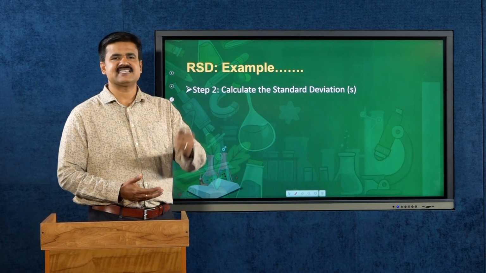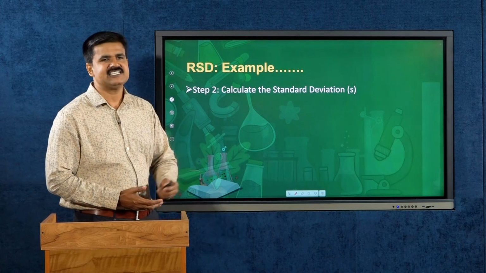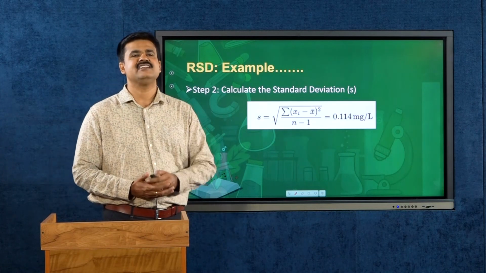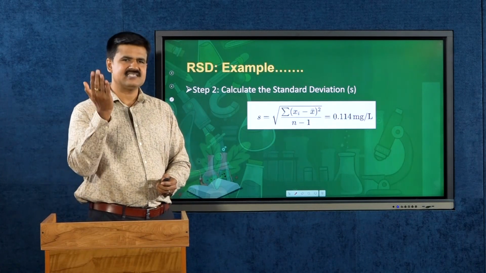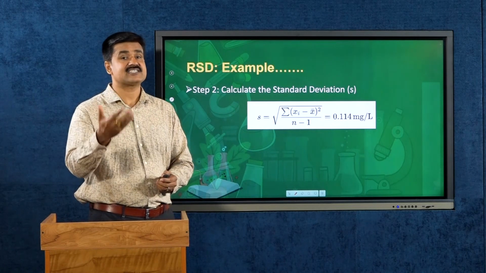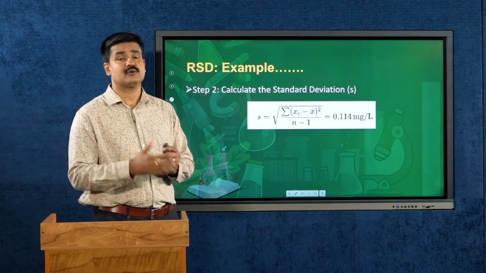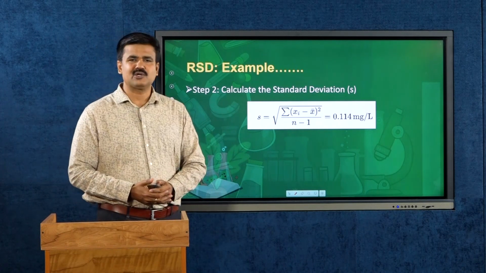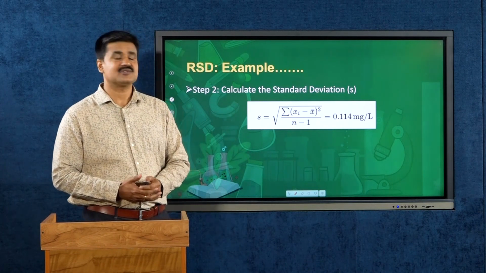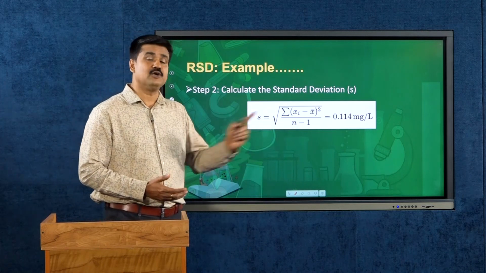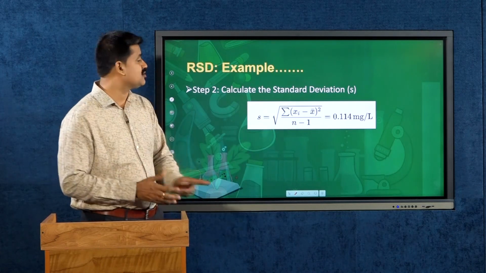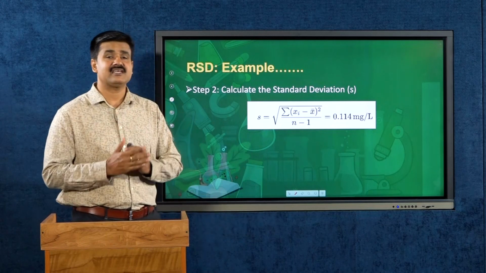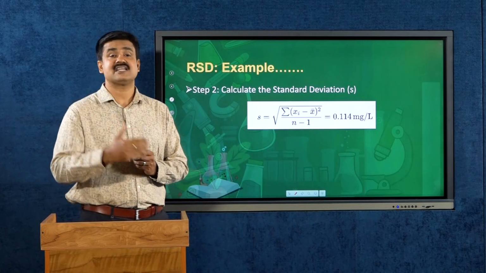In the second step, you calculate the standard deviation S, as in the case of the previous example where we illustrated the standard deviation. S is equal to the square root of sigma (xi minus x bar) the whole squared, divided by n minus 1. Look, the denominator is n minus 1. The n minus 1 denominator indicates that you are dealing with the sample standard deviation.